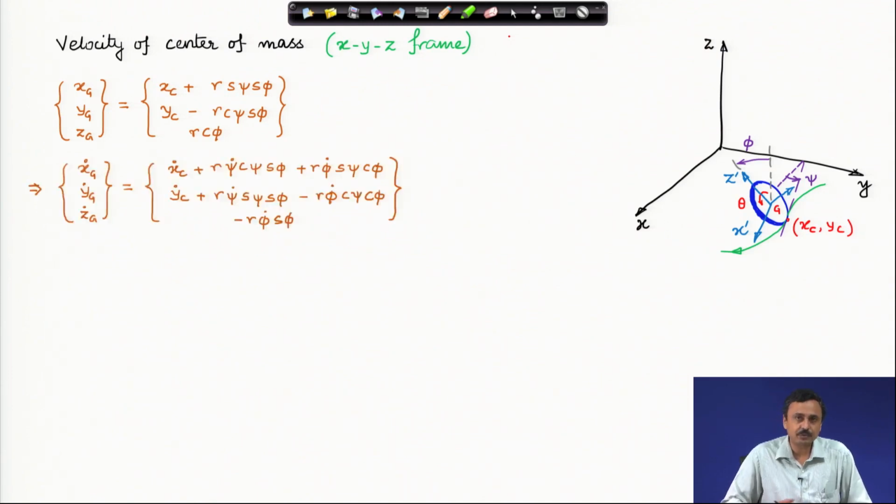I can differentiate that to find out the velocity, which I have done here. This is a straightforward derivative, there is nothing else involved, because this x y z is a fixed coordinate system, it is a non-rotating coordinate system, there is no frame derivative. Therefore, only these coordinates get differentiated.